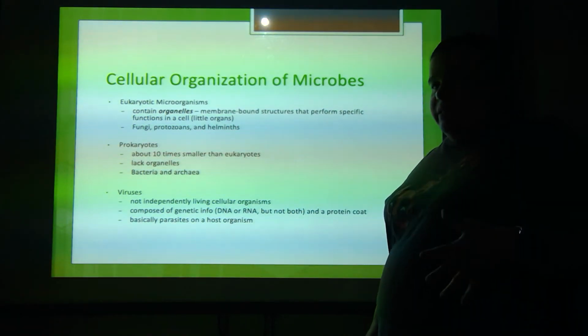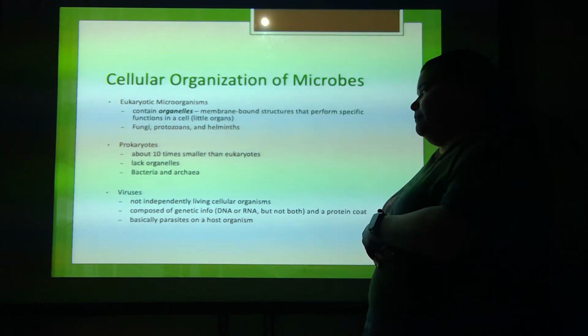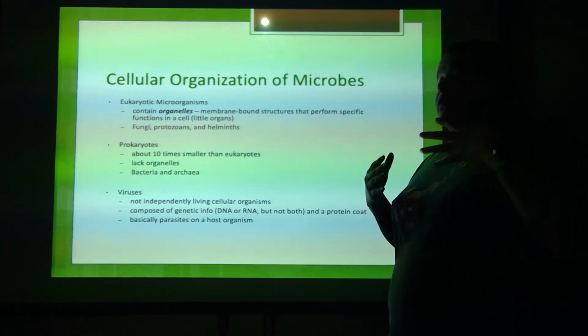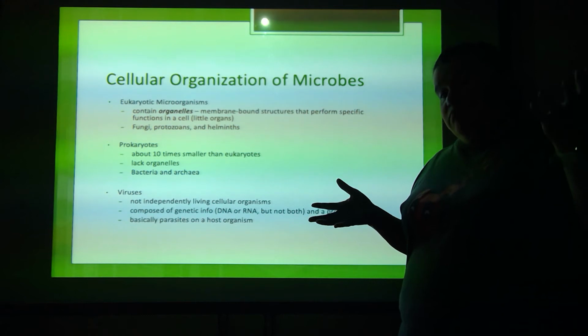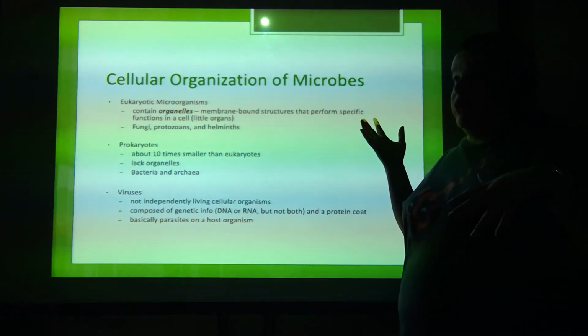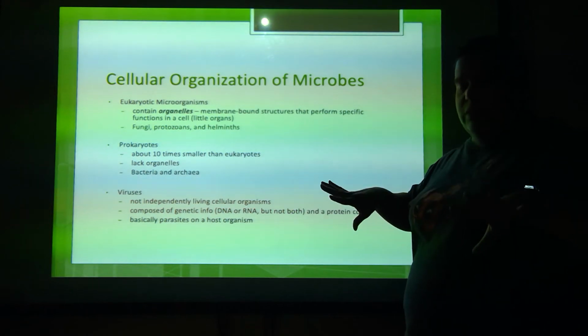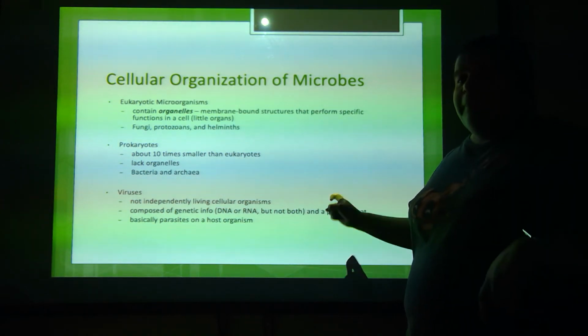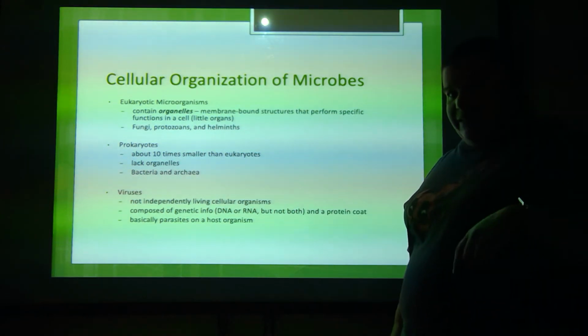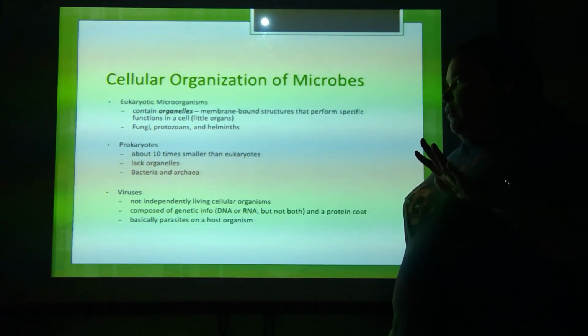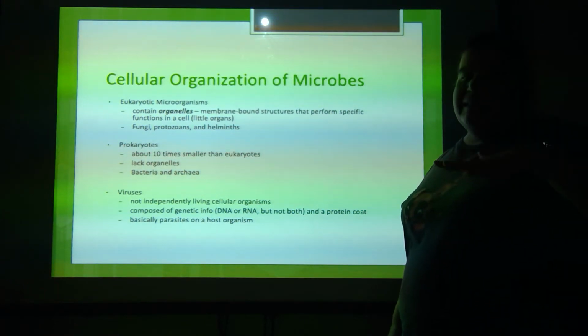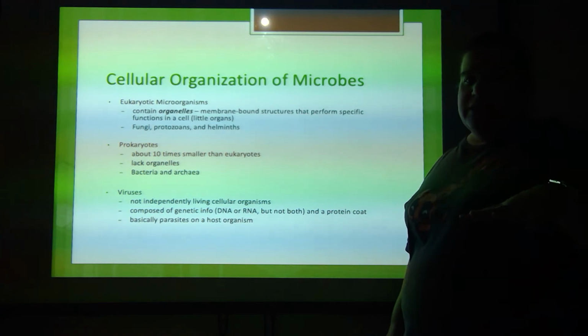Now, viruses are a bit different. Bacteria can live by themselves for the most part. Eukaryotes can live by themselves. So these two can live on their own in the right conditions. Viruses can't. They are not independently living cellular organisms.